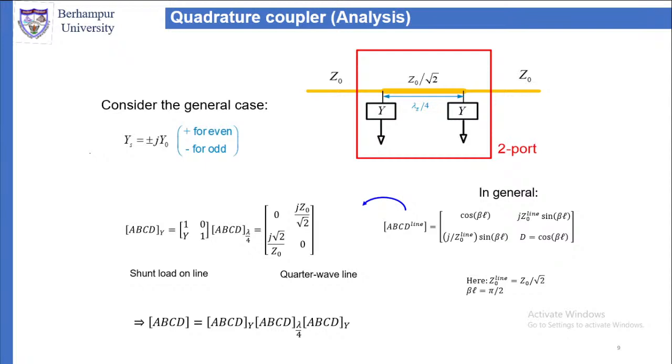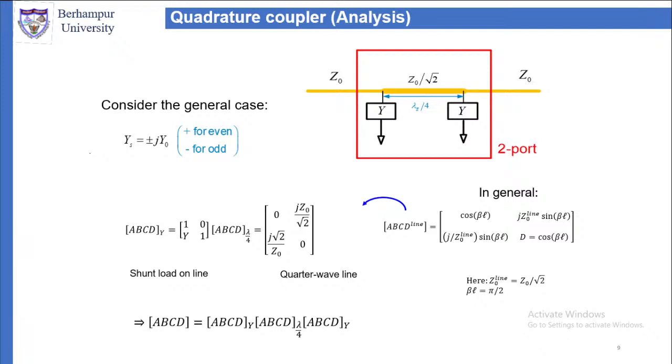If we put pi by 2, then in the ABCD matrix of the line cos beta L is 0, so the diagonal elements will be 0. Sin beta L is equal to 1, so the off-diagonal elements will be jZ0 by root 2 and j root 2 by Z0. Why jZ0 by root 2?